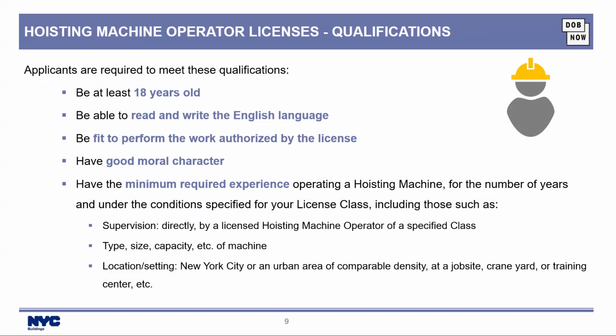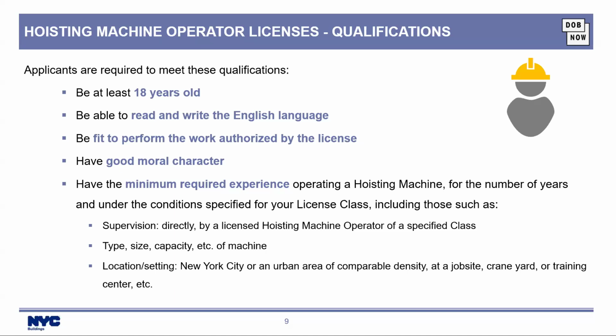Now, the qualifications that applicants are required to meet are: they must be at least 18 years old. They must be able to read and write the English language. They must be fit to perform the work authorized by the license. They must have good moral character. And they need to have the minimum required experience operating a hoisting machine for the number of years and under the conditions that are specified for your license class.